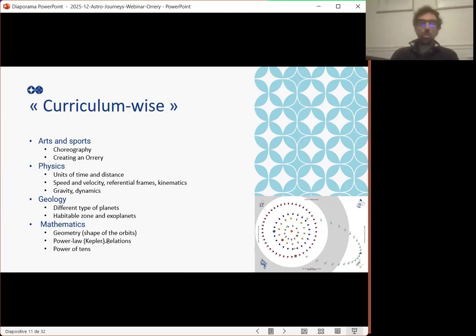You have all the relations in astronomy that are actually power-law relations. Most relations are power-law, like the Kepler relations. So it allows you to make measurements and compare them to a power-law relation. So you can discuss what a power-law is, and how I can check if a relation between two numbers is a power-law or not.